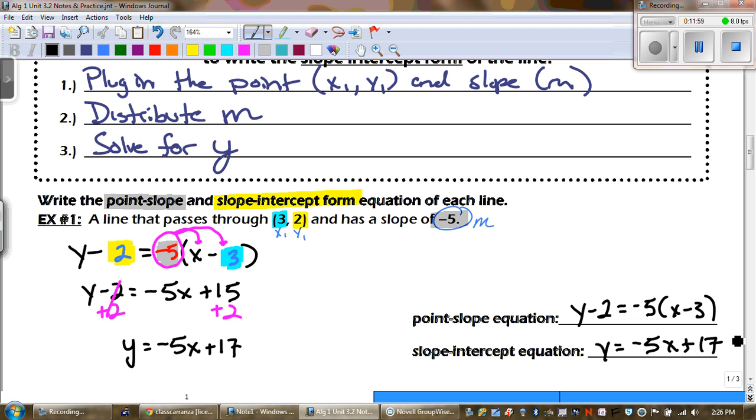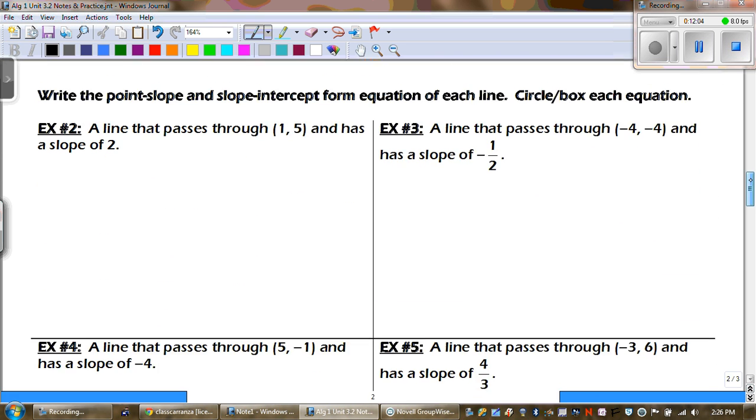Okay, that's it. All right, let's flip it over. Read the directions. Point slope and slope-intercept form of each one. Okay, it says circle or box each equation.